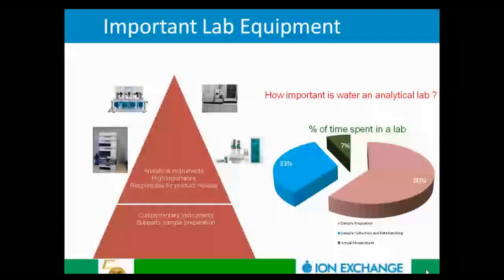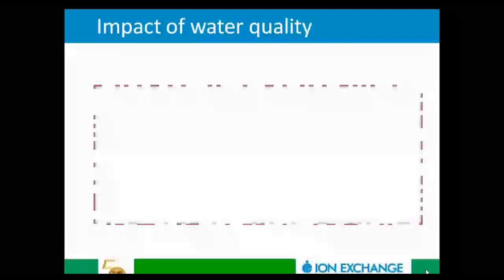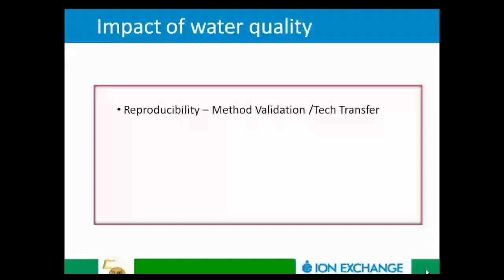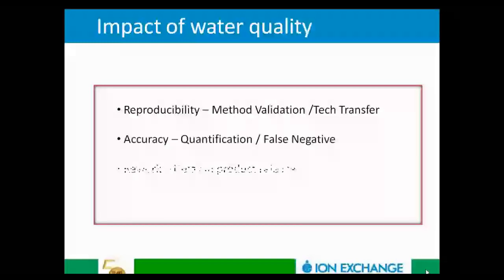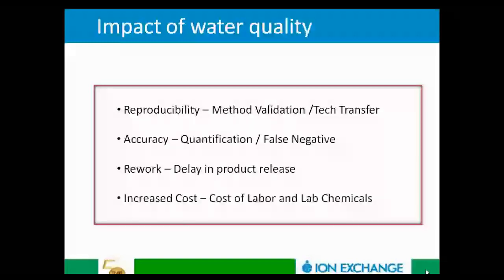When the water purification system, or this complementary equipment, doesn't work, or is not delivering the right quality of water, it leads to rework because people are not able to produce the result. The results fail, the accuracy fails.